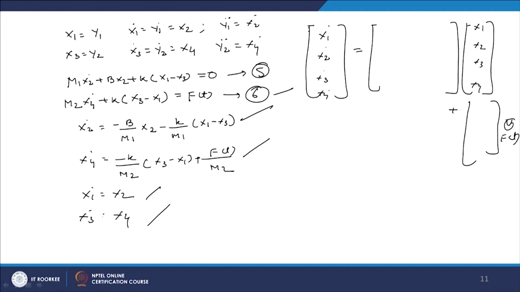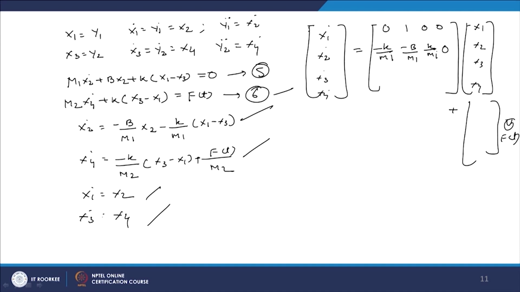Now what is x1 dot? x1 dot is equal to x2, so we write 0 1 0 0. Now what is x2 dot? We will find that x2 dot equals minus b by m1 into x2, minus k by m1 on x1, plus k by m1 into x3. So we can write k by m1, minus b by m1, k by m1, 0.